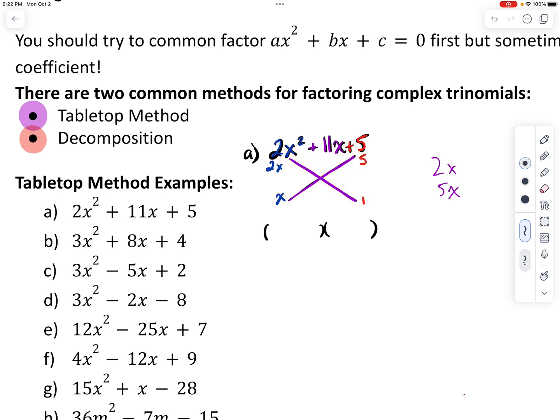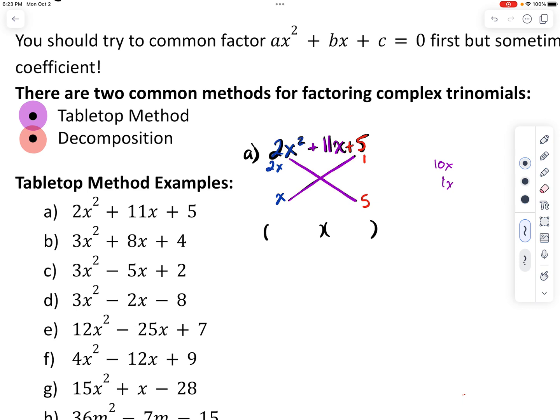So what I'll need to do is try the 1 and the 5 in different spots. If I put the 1 up top and the 5 down below, now let's see what I get for those crosses. This line gives me 10 x's. This line gives me 1x. 10x and 1x give me 11x.